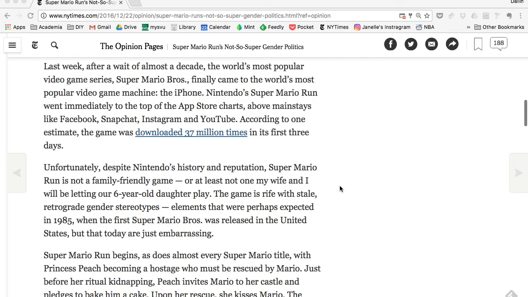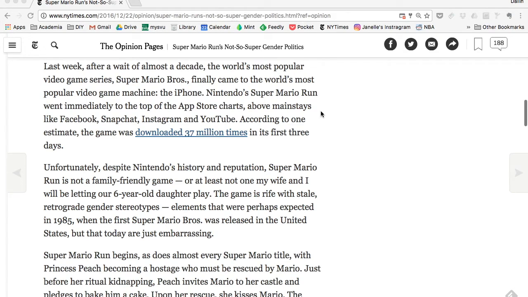And then how do they go from their pivot to their solution, to their thesis? This comes in the next sentence. The game is rife with stale, retrograde gender stereotypes. And then we can presume that the rest of the article is going to explain how they use these gender stereotypes and why that is, in fact, such a problem. Okay? But the key is, in just a couple of paragraphs, they've established a baseline.